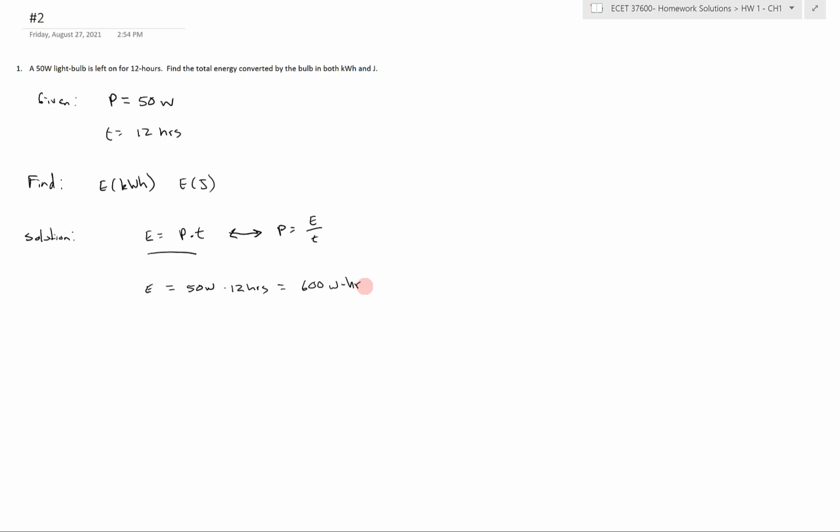Sometimes people write it like that, sometimes not, but that's what it looks like today. And we wanted the answer in kWh, so remember that a kilowatt is times 10 to the third, so I need to move this decimal place 1, 2, 3 places. So that's equal to 0.6 kWh is the energy.